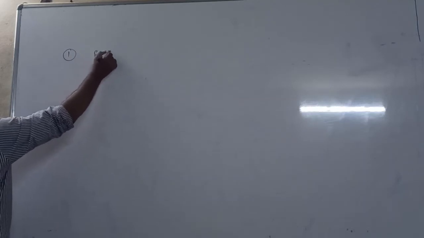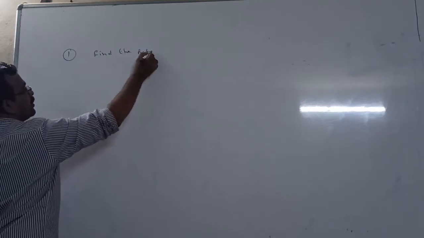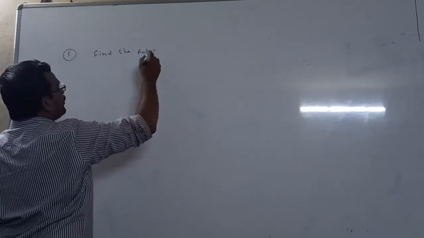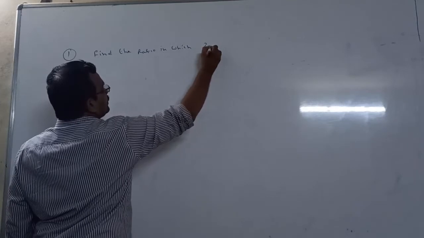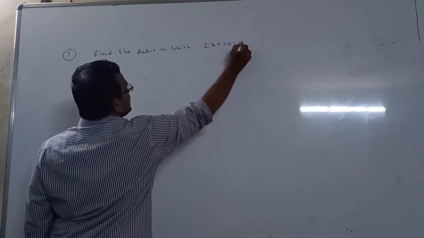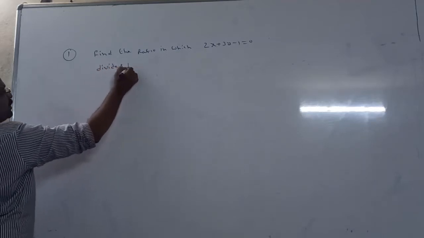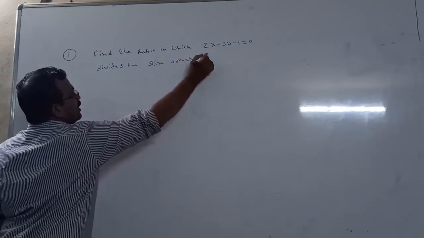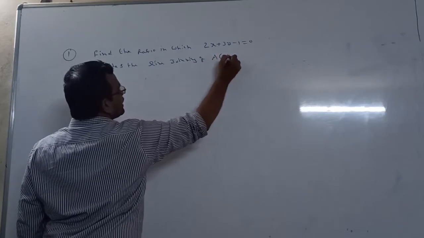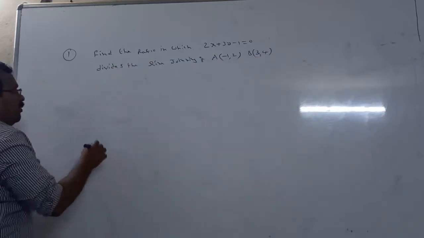On statement, find the ratio in which the line 2x minus y minus 1 equal to 0 divides the line joining A(-1, 2), B(3, 4).